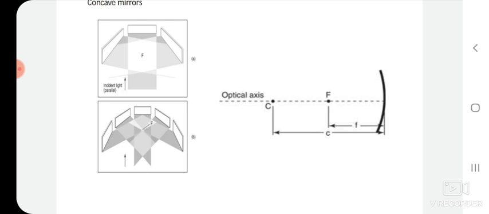The light rays intersect after reflection at a common focus called the focal point, denoted by the symbol F, as shown in the right side figure. The focal point is on the optical axis, the symmetric axis of the mirror.